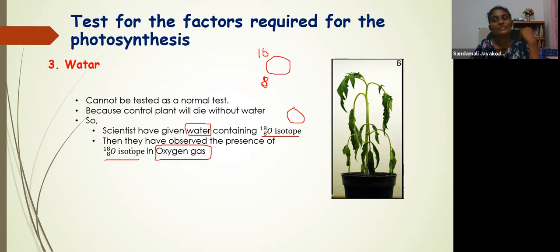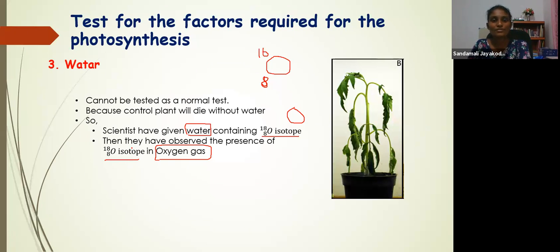So they concluded that water is essential for photosynthesis. We can't do this in a normal laboratory. So that is all about testing whether these four factors are required for photosynthesis.